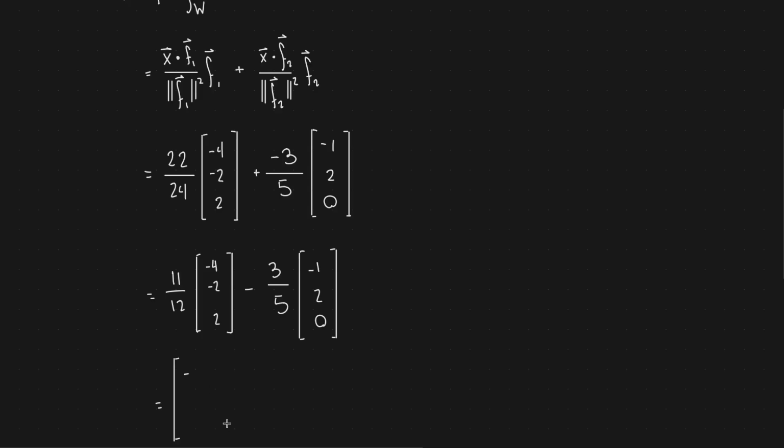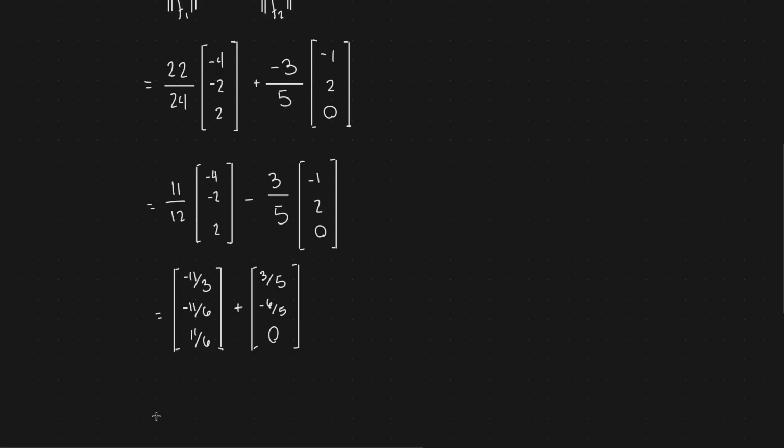Well, I can reduce further than that, can't I? 4 goes into 12 3 times, so I'm going to get negative 11 over 3. And then 11/12 times negative 2 is negative 11 over 6, and 11/12 times 2 is positive 11 over 6. Plus negative 3/5 times negative 1 is going to be positive 3/5. Negative 3/5 times 2 is going to be negative 6/5. And negative 3/5 times 0 is 0.